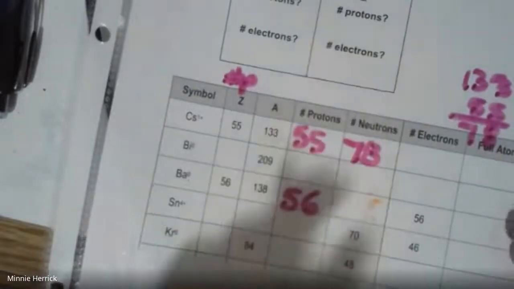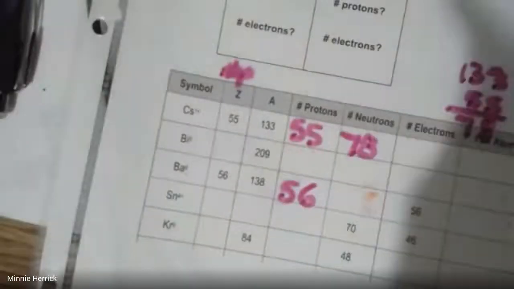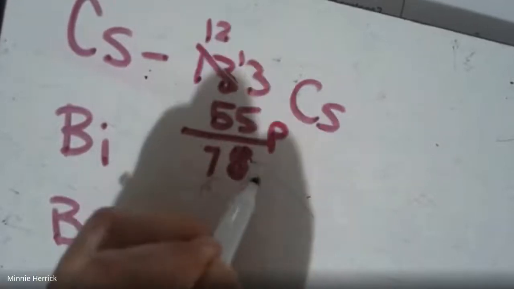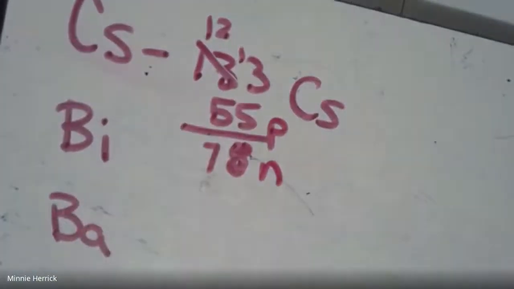Let's just use the whiteboard. I think it's a whole lot easier to show you. When you have 133 as the mass and 55 as the atomic number, you literally just subtract the numbers. You're going to have an 8, carry over, and it's 12 minus 5, which is 7. So your protons is 55, your neutrons is 78.